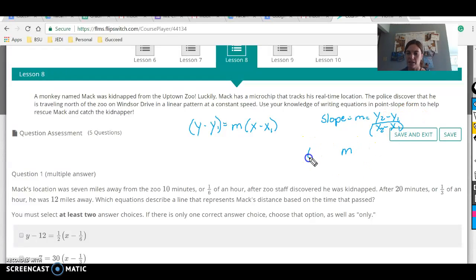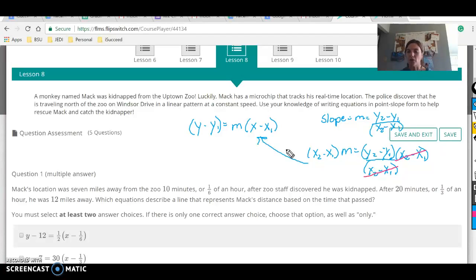So m times x2 minus x1 equals y2 minus y1 over x2 minus x1 times x2 minus x1. So what I did here was just simply multiply both sides by x2 minus x1. They cancel out on the right, and I'm left with this point-slope form. So if you can't remember point-slope form, just remember that it is the rearrangement of the slope equation.